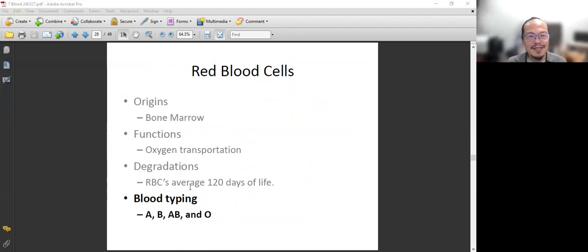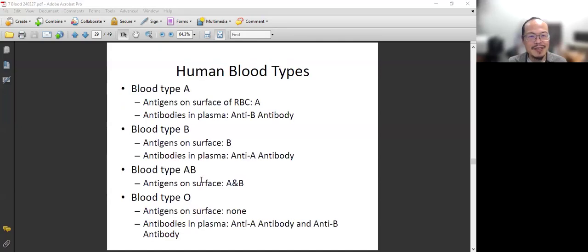All right. So let's look at what we have here. Here is human blood type. This is just the most common way to type a person. There are more detailed subtypes, but in general, we have four types: type A, type B, type AB, type O. This one just summarizes what we talked about. Type A person has antigen A on the surface of the red blood cells and anti-B antibody.